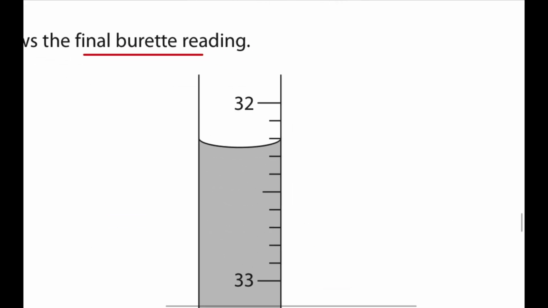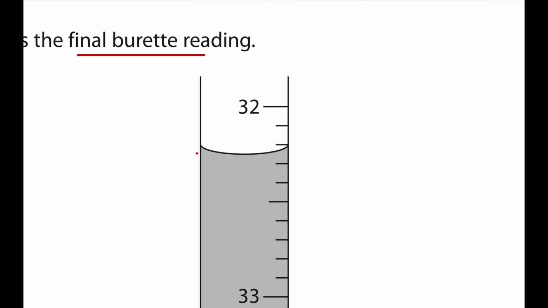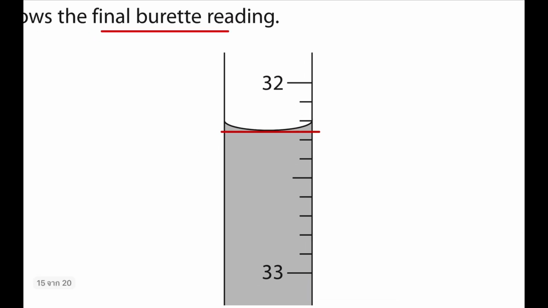So the final burette reading is around 32.1, 32.2, 32.5. No, sorry, 32.25.